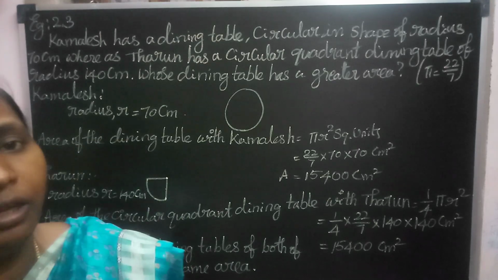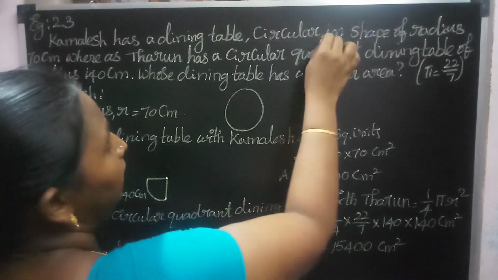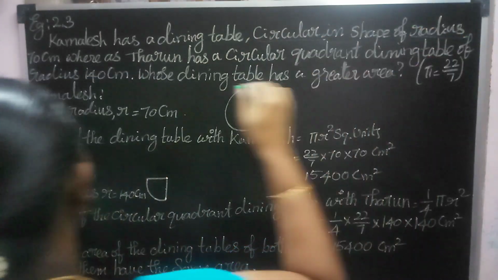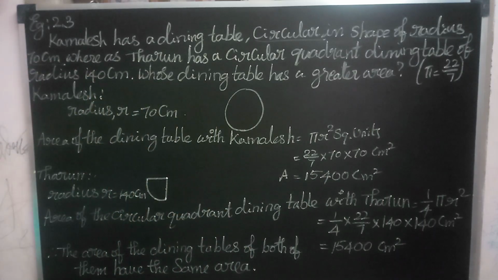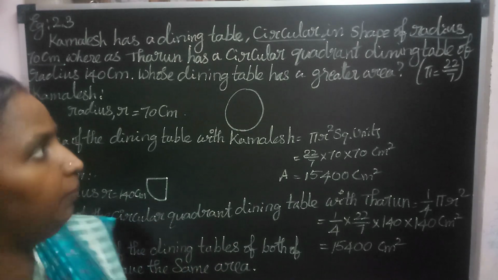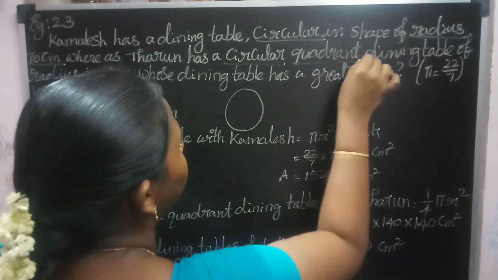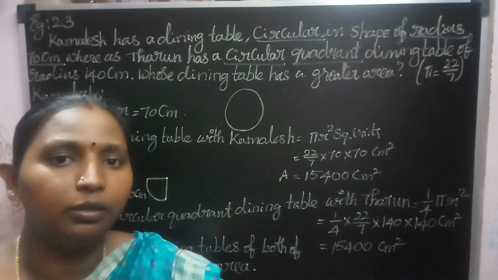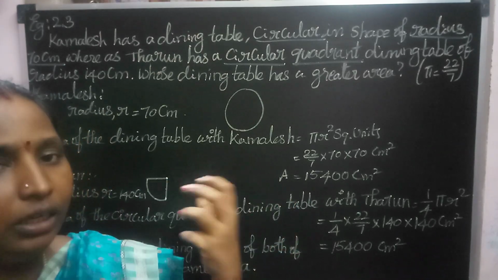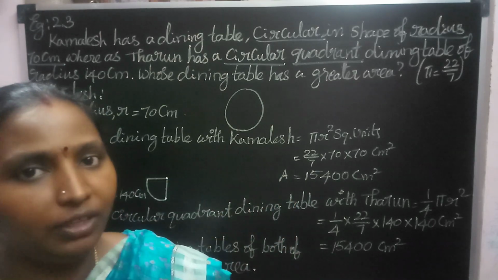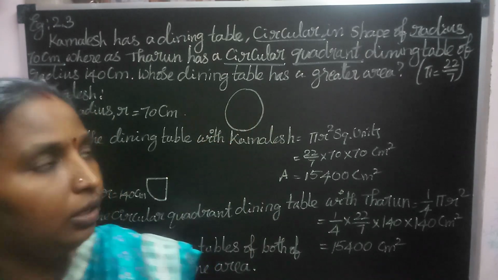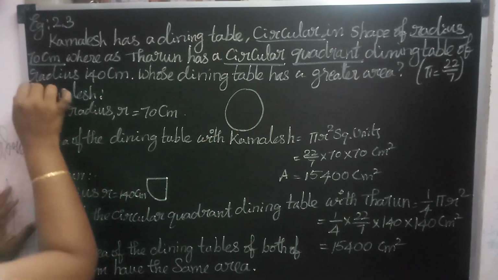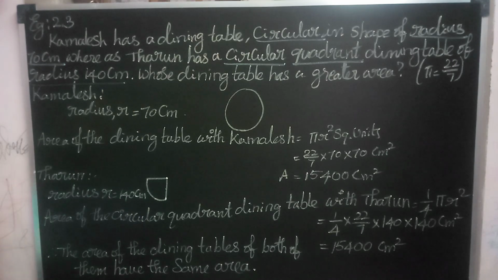Kamalesh has the dining table in circle shape of radius 70 centimeter. Tarun also has a dining table, but the shape is a circular quadrant. Already I told you, circular quadrant means in a circle the 1/4 part of that is called a circular quadrant. So the radius is 140 centimeter.